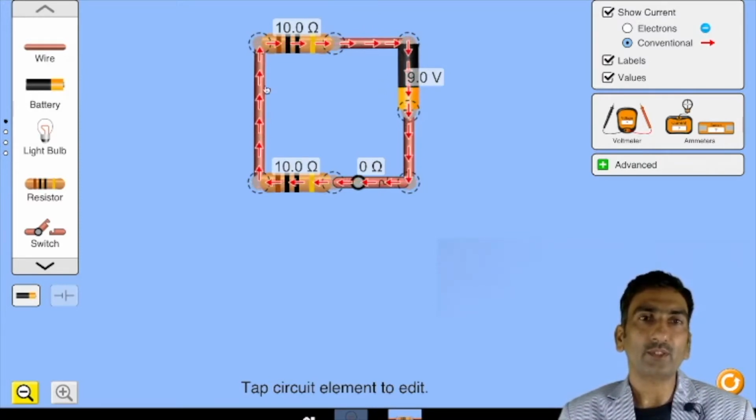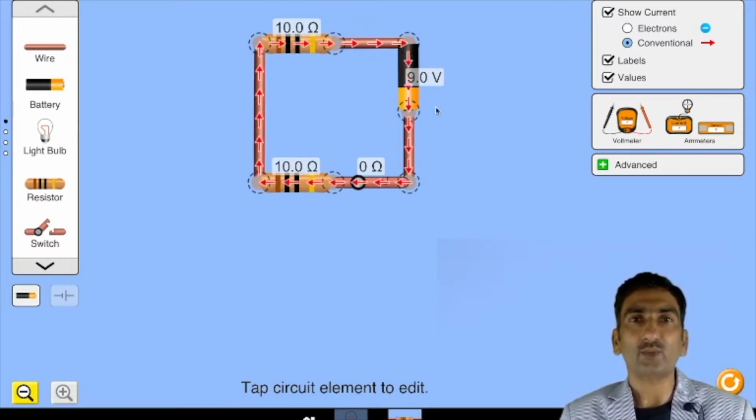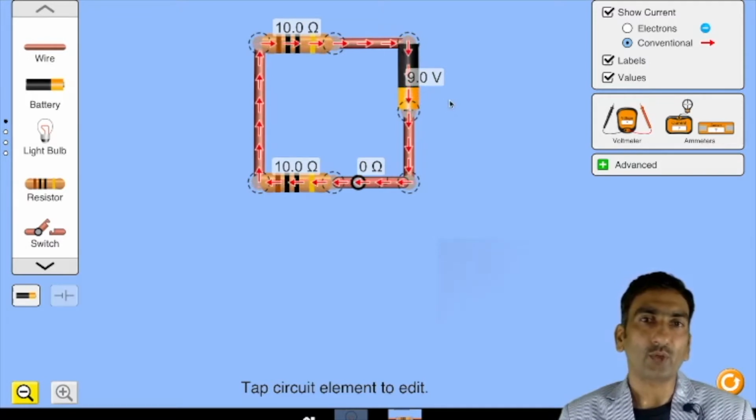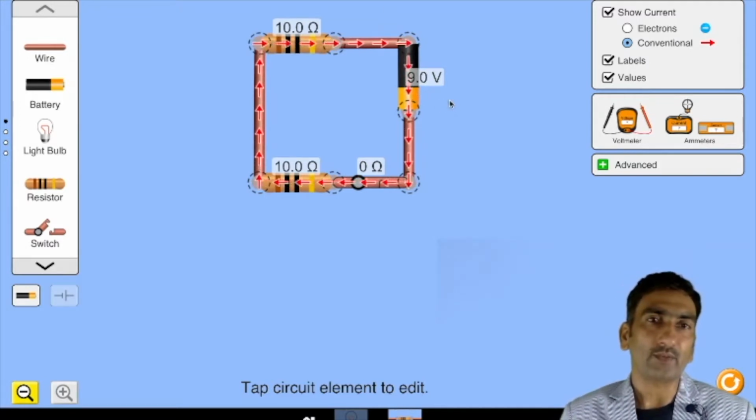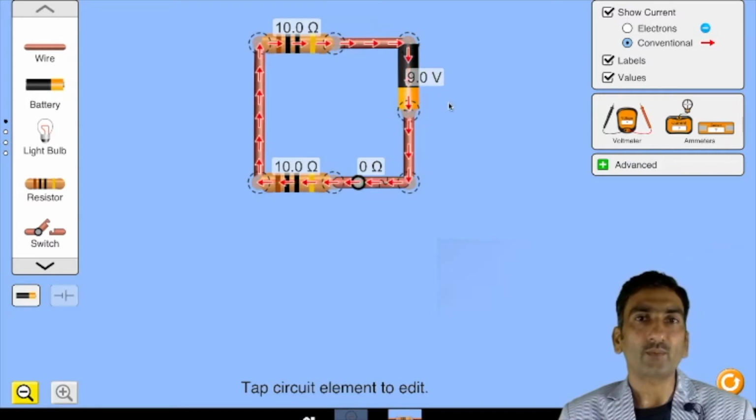As the current is the same across both resistors, these resistors are connected in series. So the effective resistance is 10 plus 10, it's 20 ohm. The battery potential is 9 volt, so the current I equals V over R, that means 9 volt divided by 20 ohm, so 9 over 20 would be 0.45 ampere. So that is the current here.